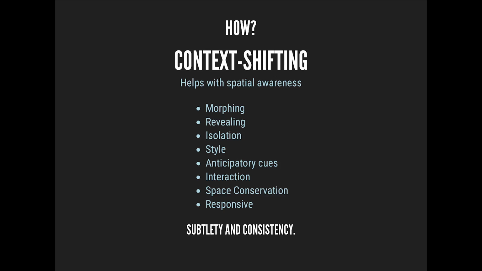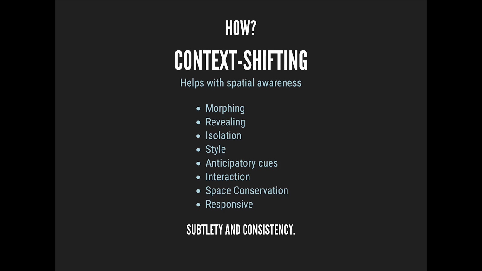So how are we going to do this? I'm going to go through each one of these bullet points one by one, and then at the end we're going to do some fancy weirdness. So it helps with spatial awareness. Morphing is one. Revealing, isolation, style, anticipatory cues, interaction, space conservation, responsive, and the really most important thing for UI and UX animation.